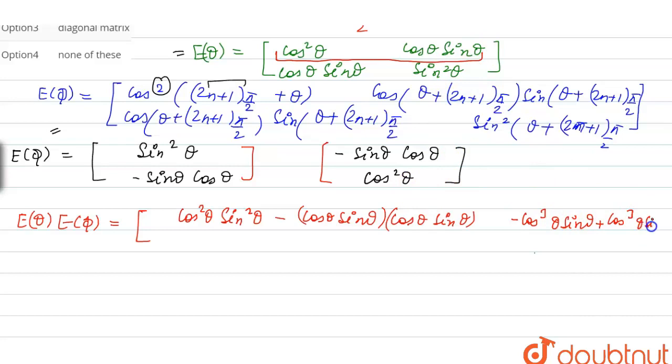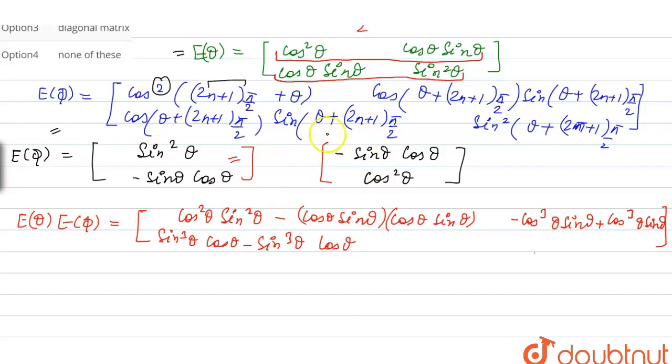Now row 2, that is cos theta sin theta and sin square theta, is multiplied with the first column. So we get sin cube theta into cos theta, and minus sine theta cos theta into sine square theta, so again minus sine cube theta into cos theta.